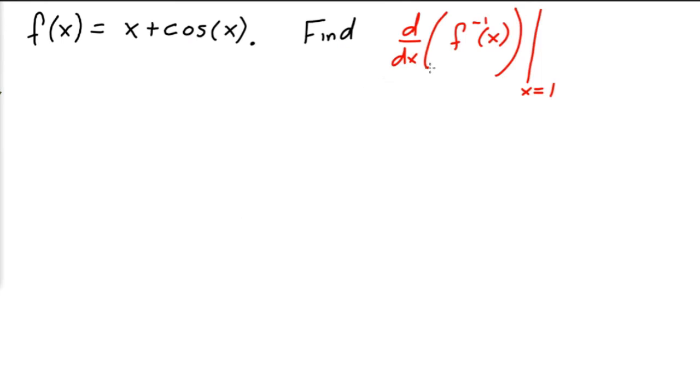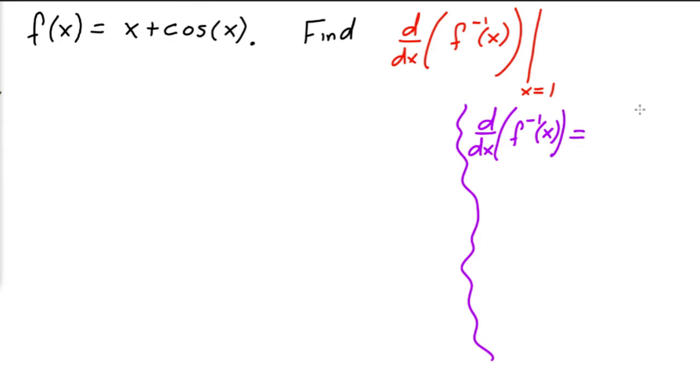Okay, so this question is giving you a function, x plus cosine of x, and it wants you to evaluate the derivative of the inverse at 1. Well, you can't actually find the inverse of this function explicitly. And remember, you had that formula that the derivative of f inverse is equal to 1 over f prime at f inverse of x.